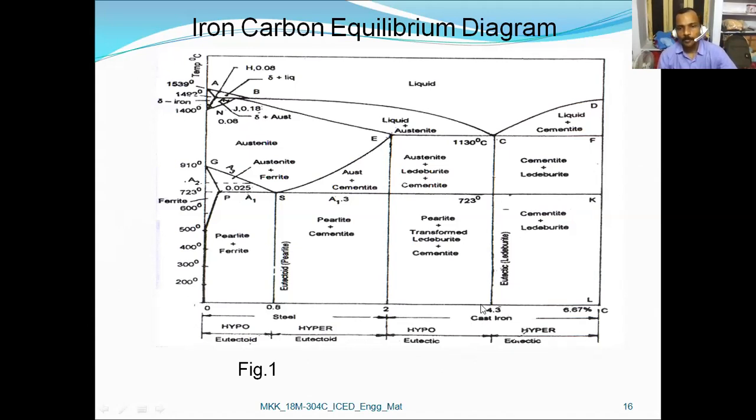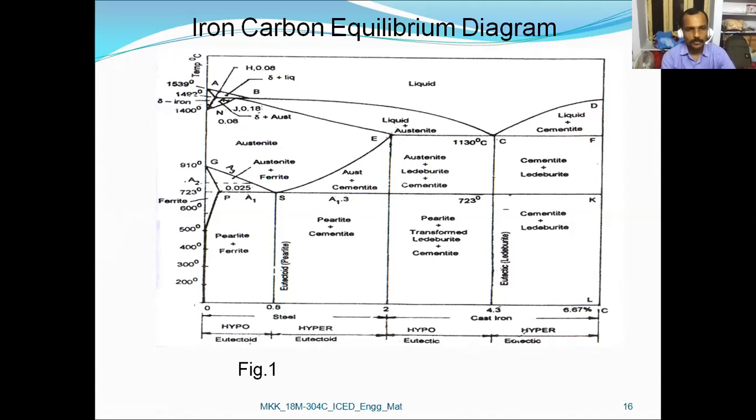From 4.3 to 6.67% of carbon, those can be called hypereutectic cast iron. So these are the compositions of carbon in the iron carbon equilibrium diagram, considering steels and cast irons.